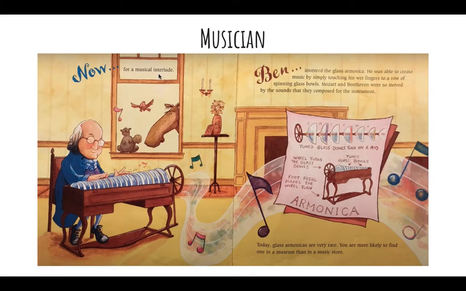Now for a musical interlude. Ben invented the glass harmonica. He was able to create music by simply touching his wet fingers to a row of spinning glass bowls. Mozart and Beethoven were so moved by the sounds that they composed for the instrument. So Mozart and Beethoven are very famous musical artists, okay?